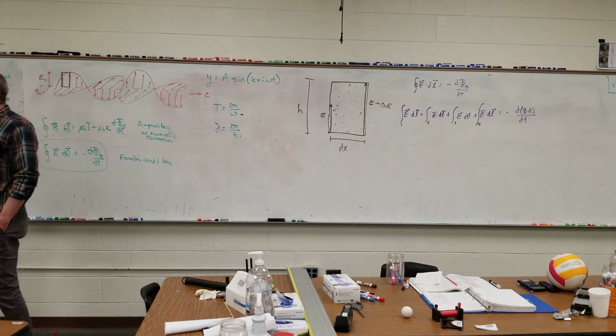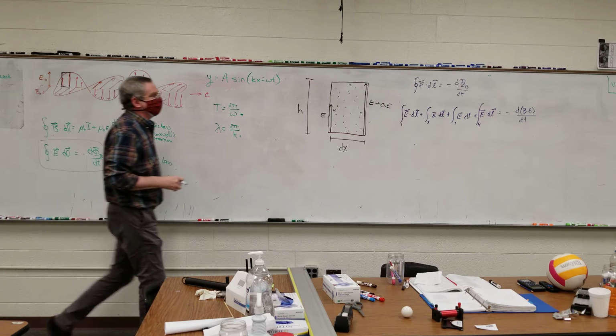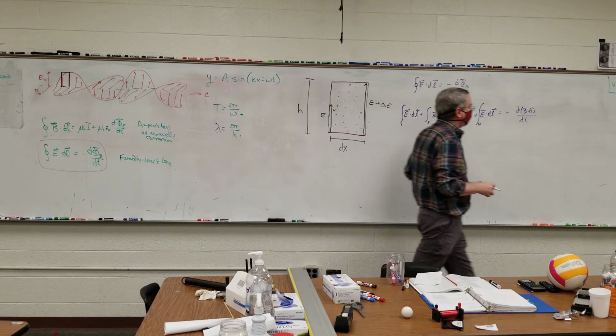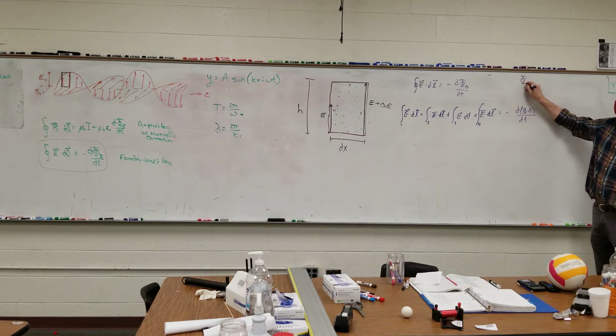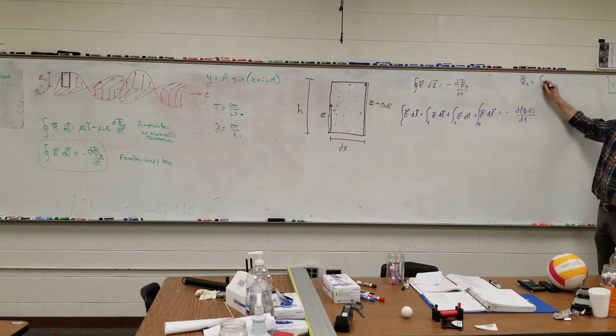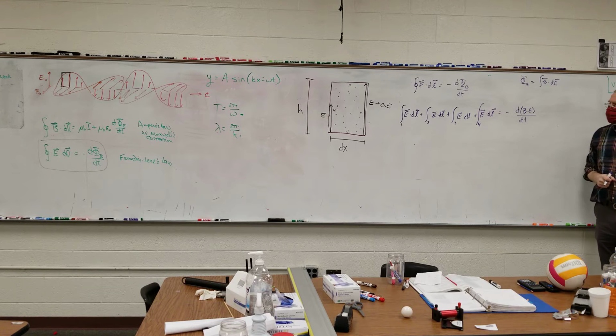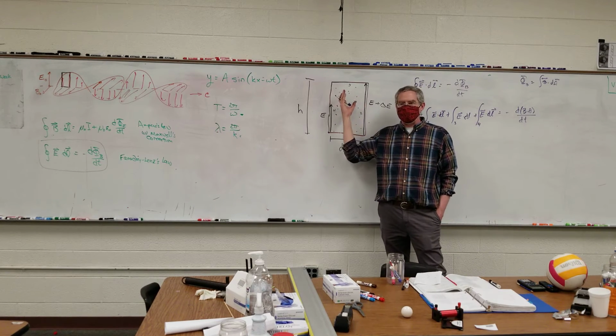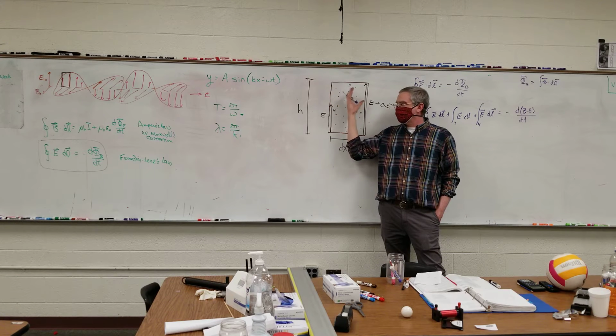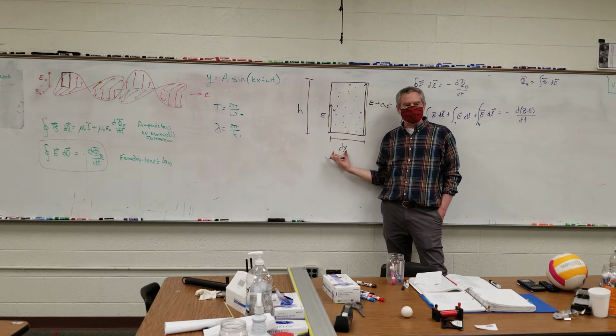Now, I did play a little fast and loose with a little math bit right over here, so I'm going to justify it. Well, sort of up here. Flux is the integral of B dot dA. My magnetic field is not changing appreciably in this small little region. I mean, again, the width is just dx.